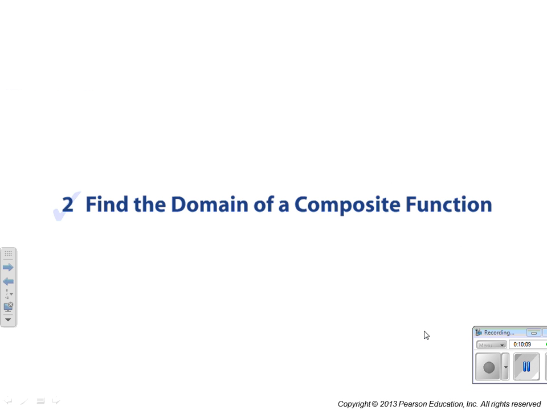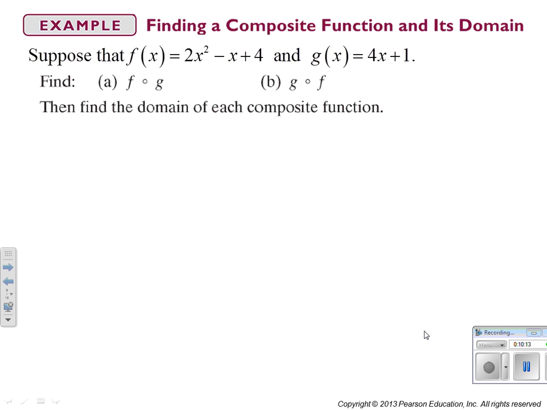All right, finding the domain of a composite function. So if I have f of x equals 2x squared minus x plus 4 and g of x equals 4x plus 1, we're going to find the composite function f of g of x, and then find the domain of each of those.